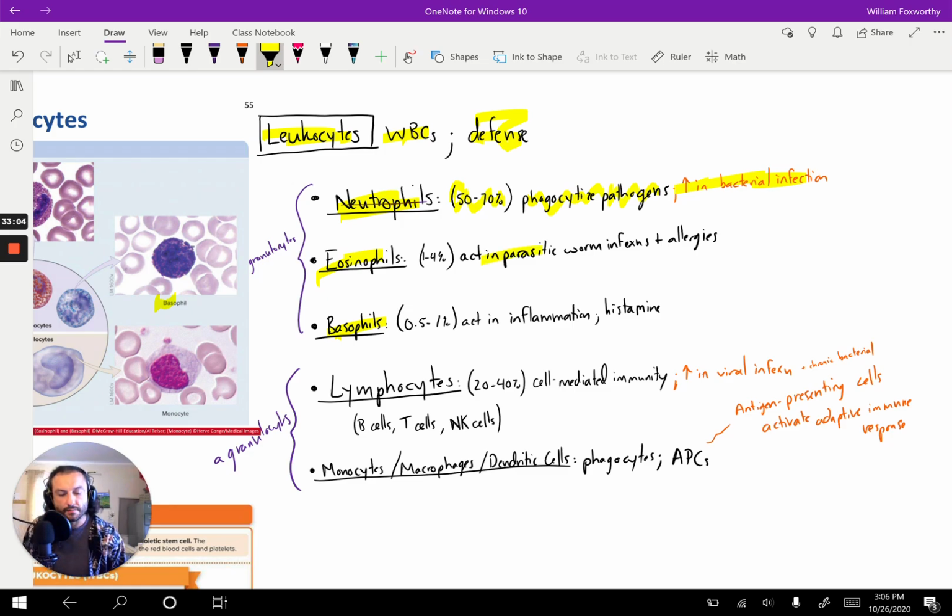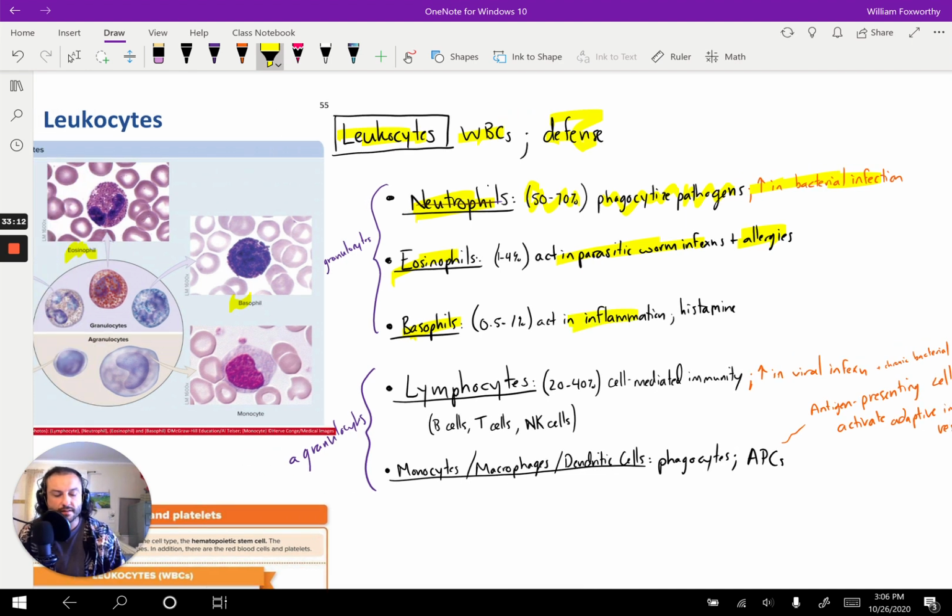Eosinophils act in parasitic worm infections, and their numbers will also be up during allergic reactions. Basophils act in inflammation, and they release histamine, which causes vasodilation and is responsible for a number of the symptoms of allergies.